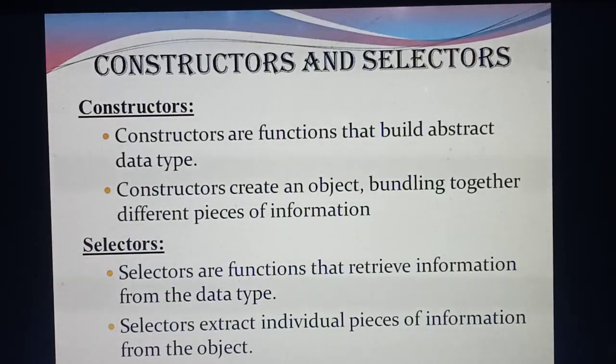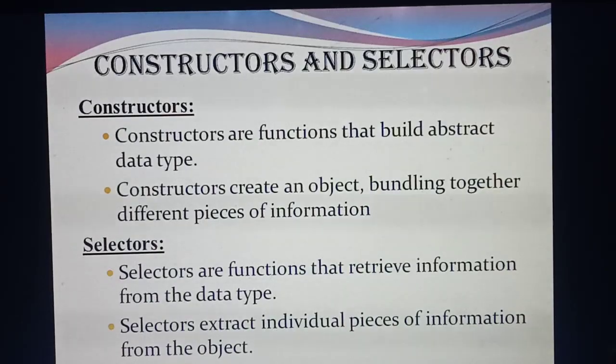Last class I taught about constructors and selectors. What do you mean by constructors? First point: it will build the abstract data type. Second point: a constructor will create one object, and that object will contain a bundling of different pieces of information. That means it will combine different kinds of information. Then selectors.